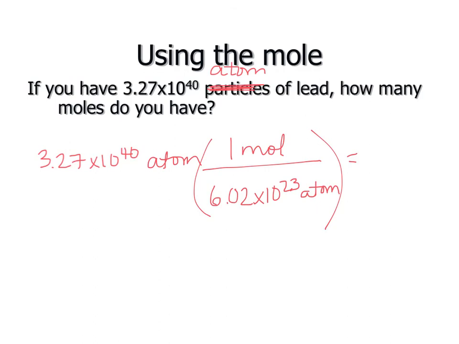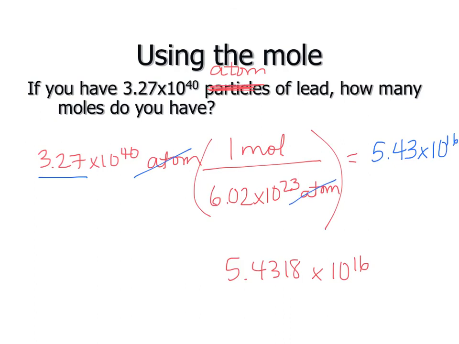Then your calculator spits out 5.4318 and a whole bunch more decimals, E16. We started out this time with 3 sig figs, so we can keep 3. So our answer is going to be 5.43 times 10 to the 16th. Our units this time is moles.